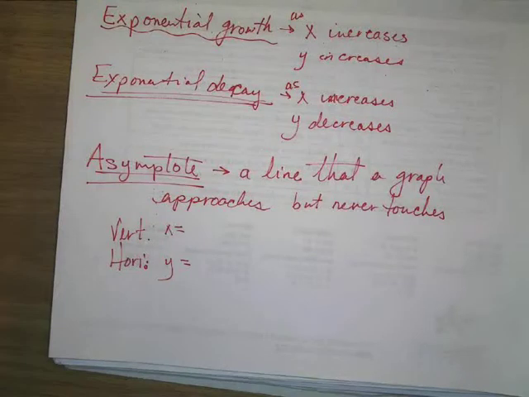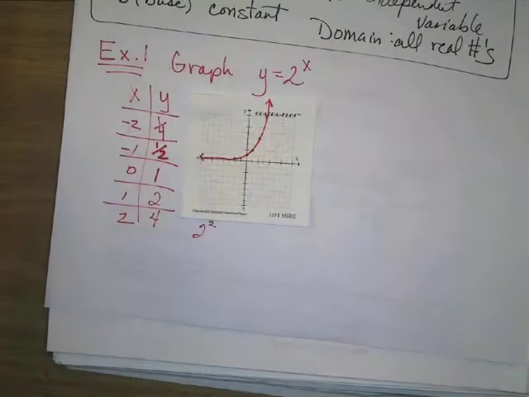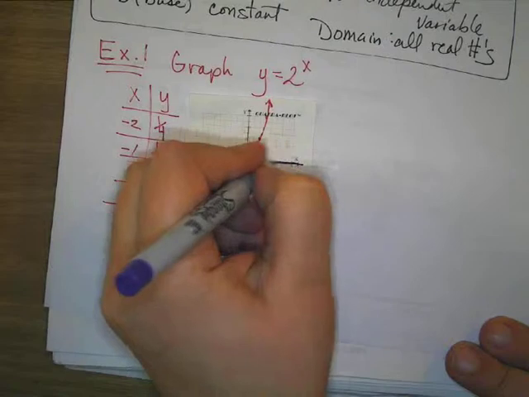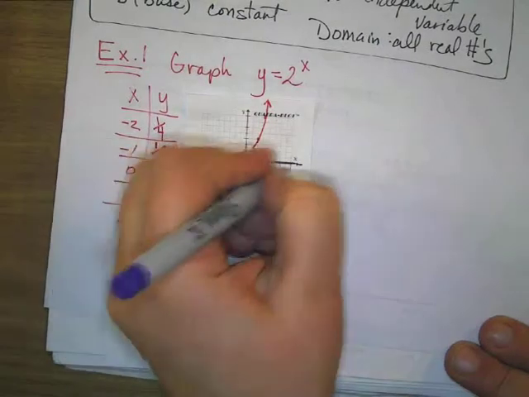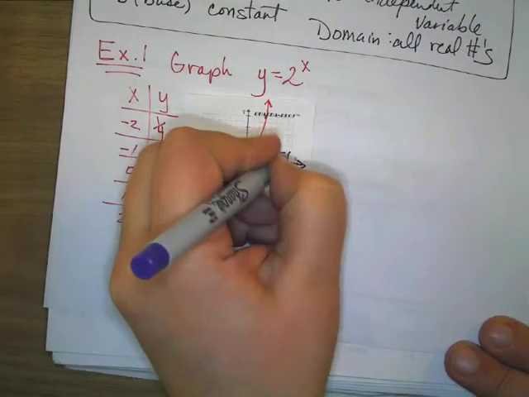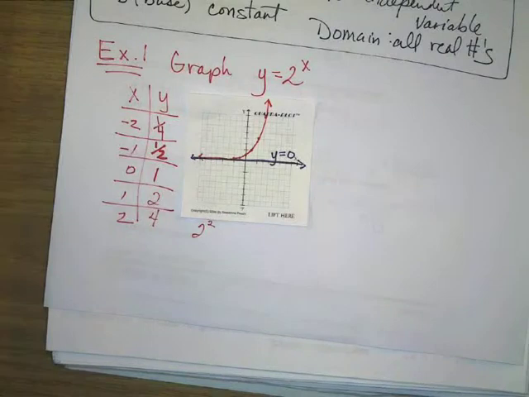Do the other one. So like this guy here, same thing. It gets really, really close to this line right here, which happens to be the x-axis, but there's a horizontal asymptote at y equals 0 because it'll never touch it. It gets really close.